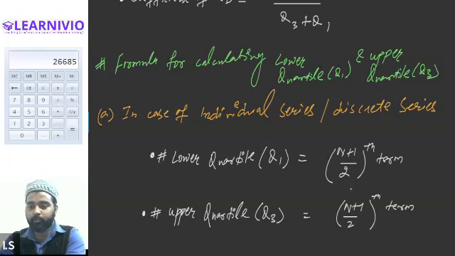This won't be 2, it will be 4 in fact, because quartile divides the series into 4 equal parts. So therefore in the denominator we will be writing 4 instead of 2. So it will be 4.